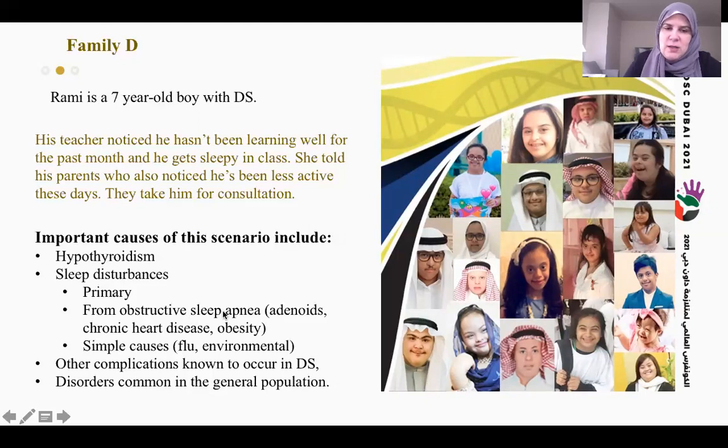A very important one is sleep disturbances, which can occur for no reason, or can be due to not sleeping very well at night because of obstruction in the upper airway or throughout the airways. And so the child gets sleepy in the daytime.